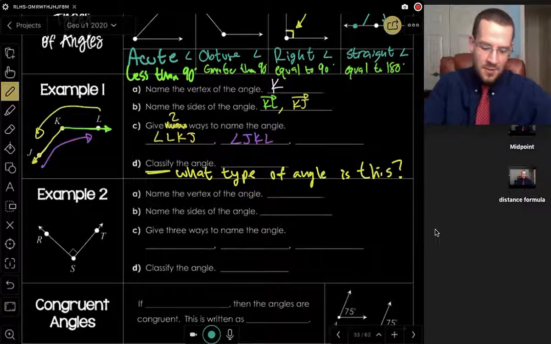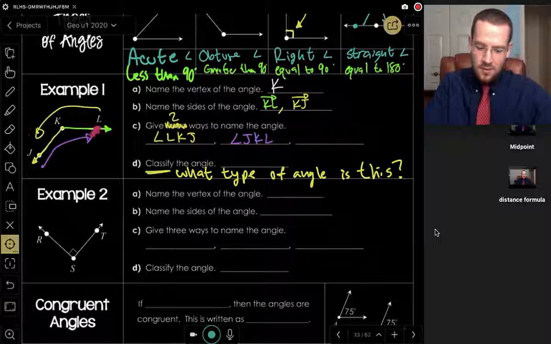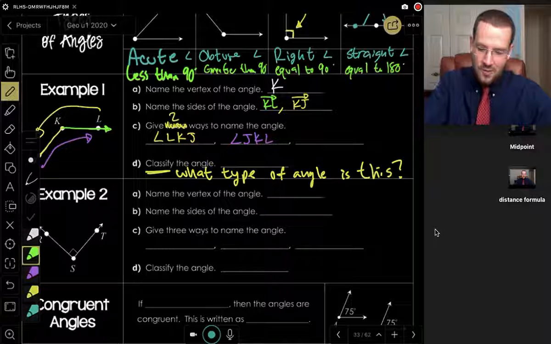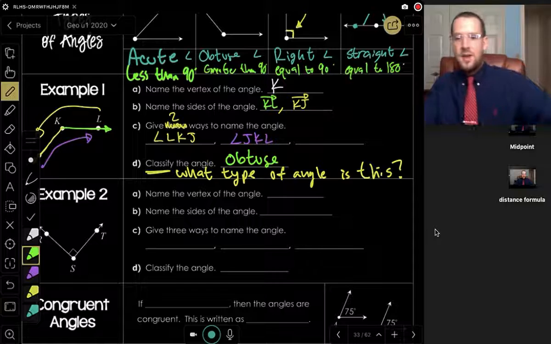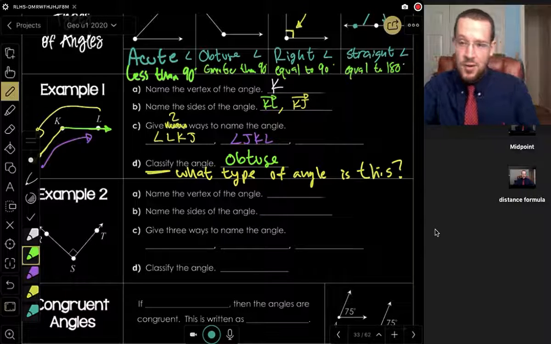And to find the type of the angle, we just have to look up here. Is it less than 90? No. Straight angle? No. Obtuse. This is an obtuse angle. Okay, so I'm going to stop this here, and we will have some more notes on angles coming up.